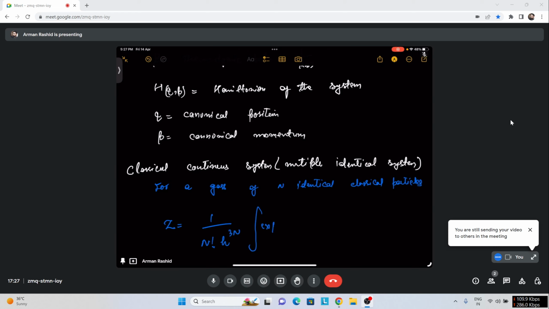We'll write exponential minus beta summation over i from 1 to n H(qi, pi), then close, d3q1 up to d3qn, right?